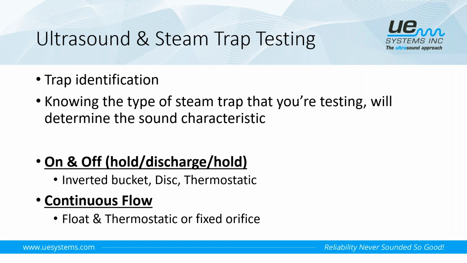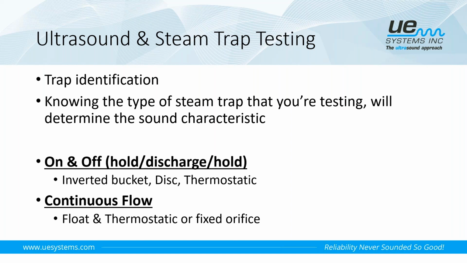So on most of your F&T traps, you have an inlet at the top of the trap, and then there's a curved housing, and then there's an outlet. Well, inside of that curved housing, there is a ball float that sits on a level of condensate inside the bottom of the trap. As that level of condensate changes within the trap, that's what creates that modulating continuous flow sound.